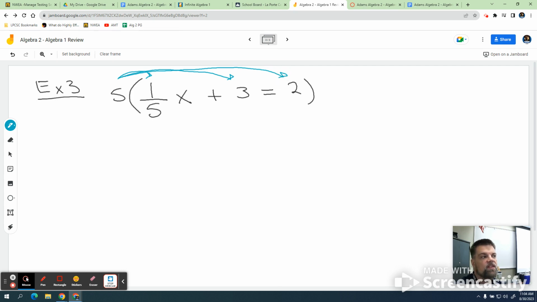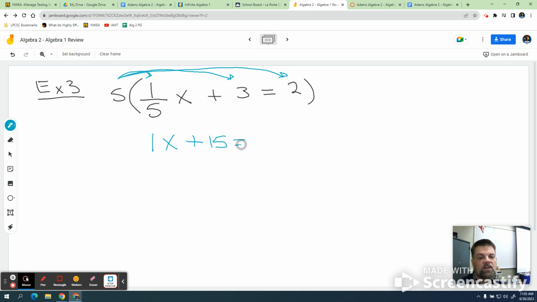What's 1/5 of 5, or 5 times 1 over 5? 1/5 of 5. Good. You guys are showing the finger 1, right? 1x, right? Because the x doesn't go away. It just kind of stays there, right? What's 5 times positive 3? 15. So that next term is going to be positive 15.